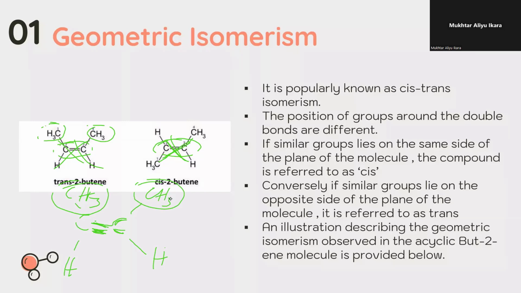This CH3 and CH3 are all in the same direction. So this type of geometric isomerism is called cis-2-butene.